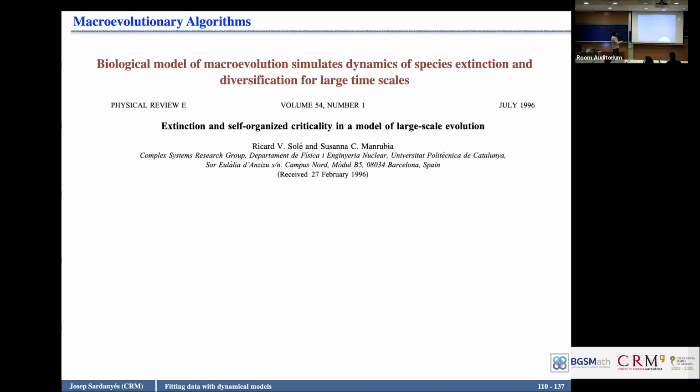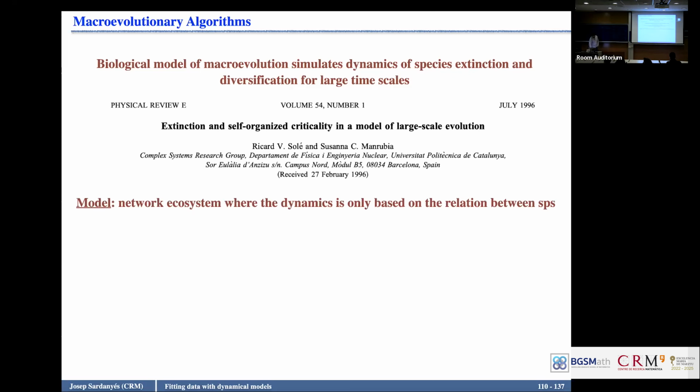So this algorithm is based on biological models of macroevolution. This is one example published in Physical Review about self-organized criticality and extinction in models of large-scale evolution. But there are others. I will tell you later.